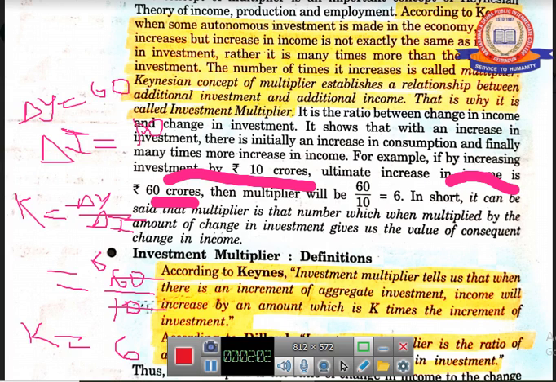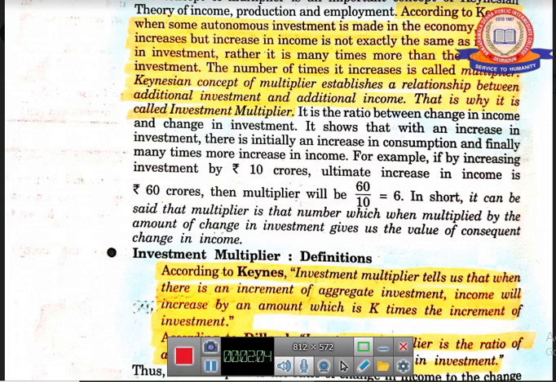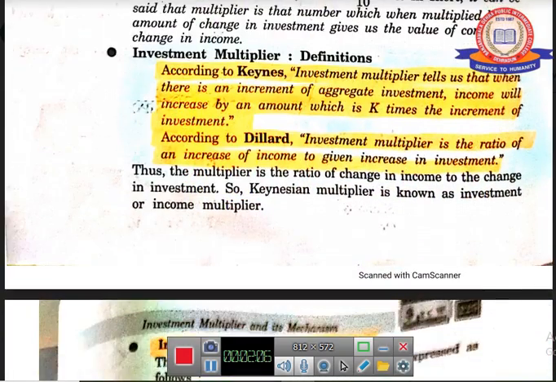Now, according to Keynes, investment multiplier tells us that when there is an increment of aggregate investment, income will increase by an amount which is k times the increment of investment, and here k is investment multiplier. We denoted capital K for investment multiplier.